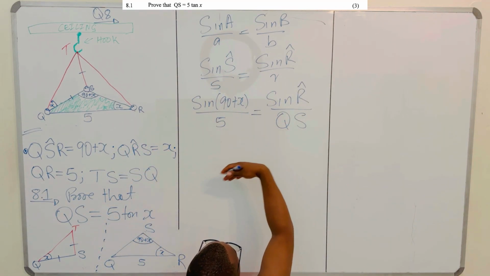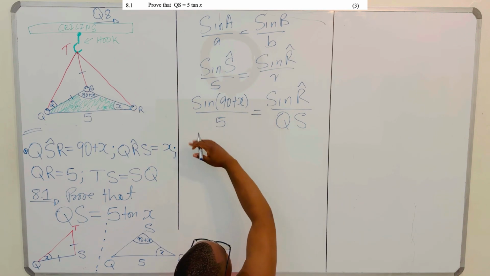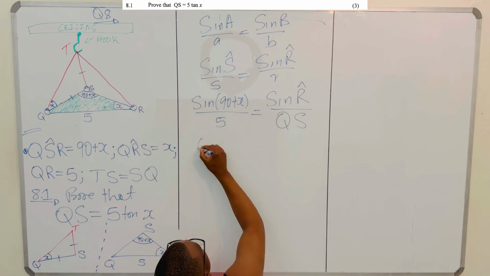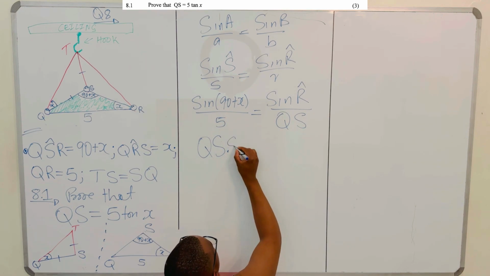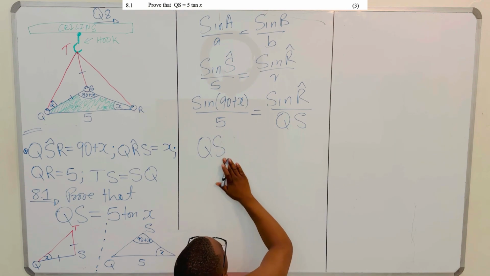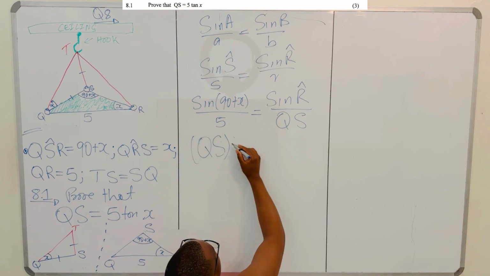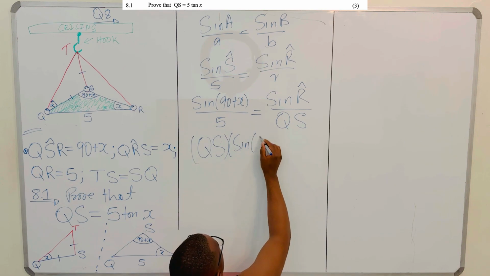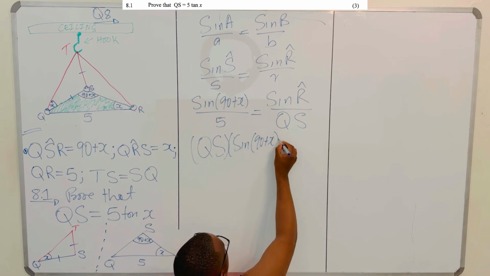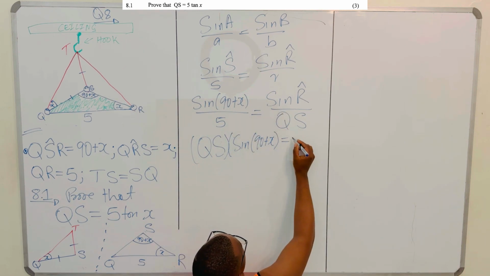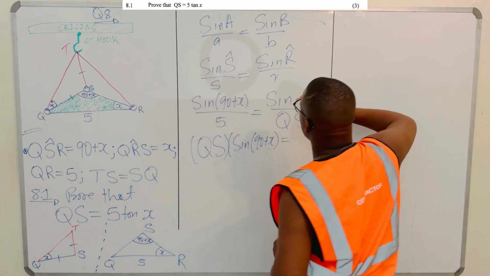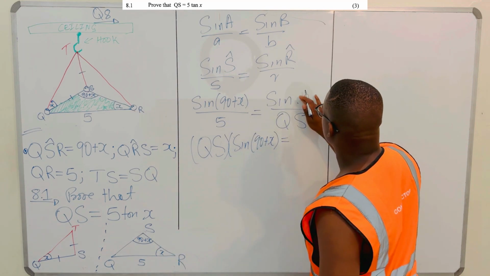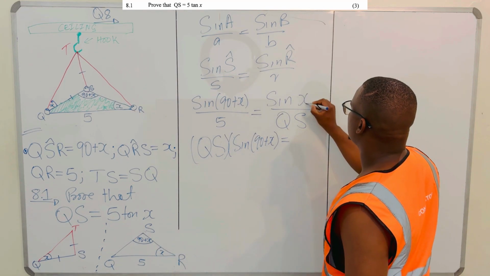Then from here, just solve for your QS, cross multiply. This times that, you'll have QS, which is this distance over here, times sine 90 plus x is equal to, this times that, it should be sine R. What is your angle R? Your angle R is x, so it should be sine x here.